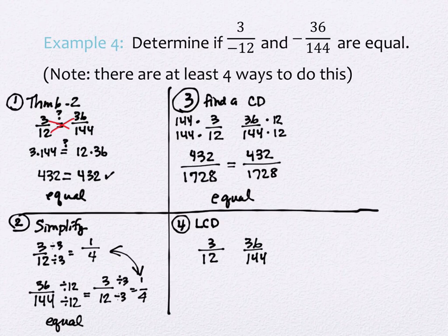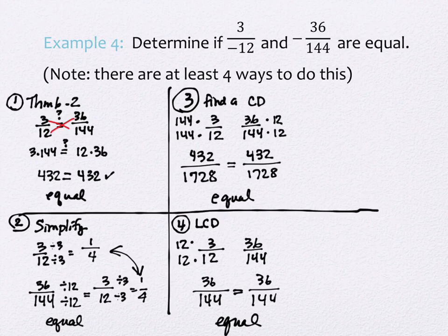It's simply, 144 is a multiple of 12. So I don't need to change the 144. I'm just going to change my 12 by multiplying by 12. So I have a 144 here. This is also probably just as easy as a simplify one on this one. And I have my 144 here. And then 3 times 12 is 36. So once again, they're equal. So it's equal at the end.